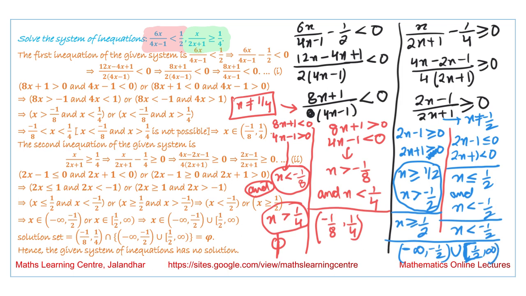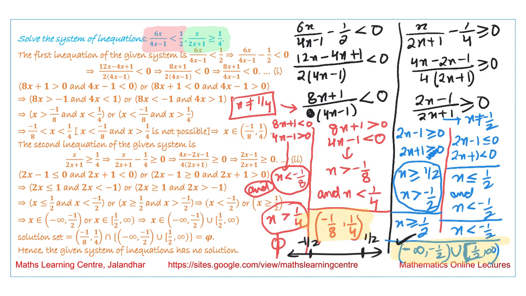Now we are talking about the intersection of these regions. We have this interval, minus 1 by 8 to 1 by 4. Now we are talking about the intersection of both these regions. If we plot the number line over here, this is the number minus 1 by 2, this is the number 1 by 2.